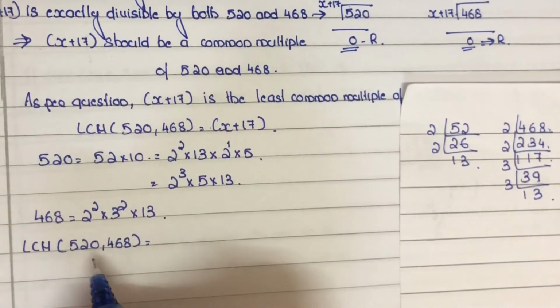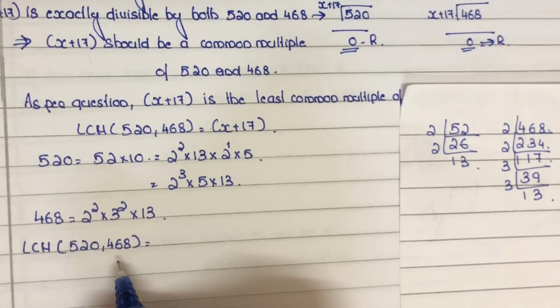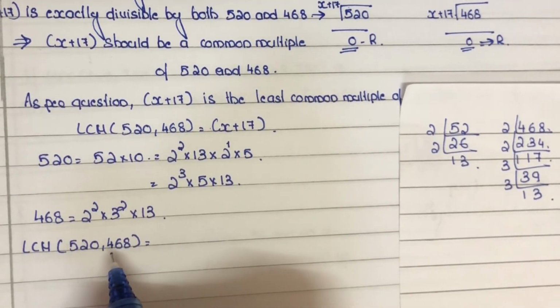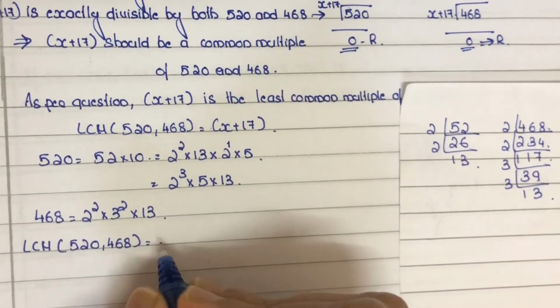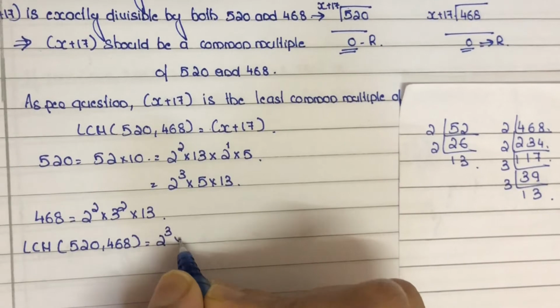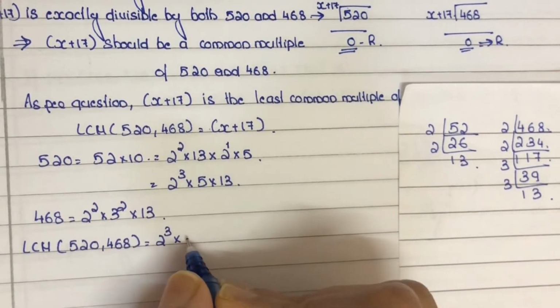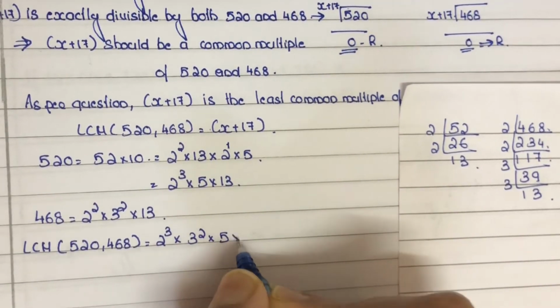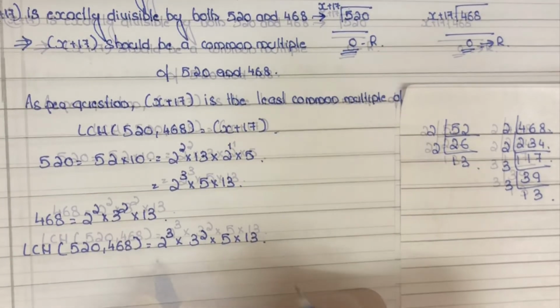Now LCM of 520, 468 is, LCM is the product of the highest power of each factor involved, right? So first factor is 2, highest power is 3. Second factor 3, highest power is 2. Next 5 into 13.